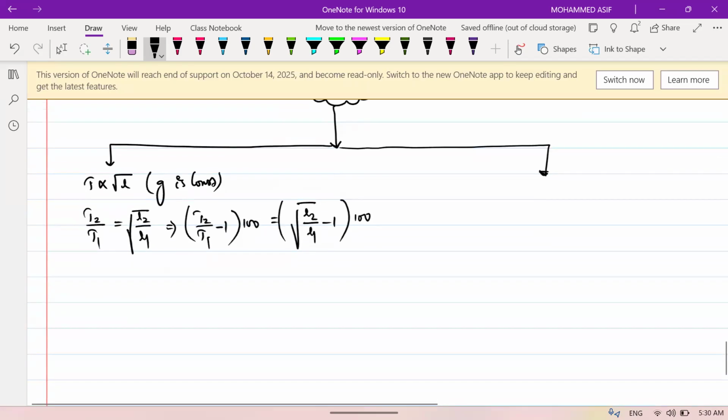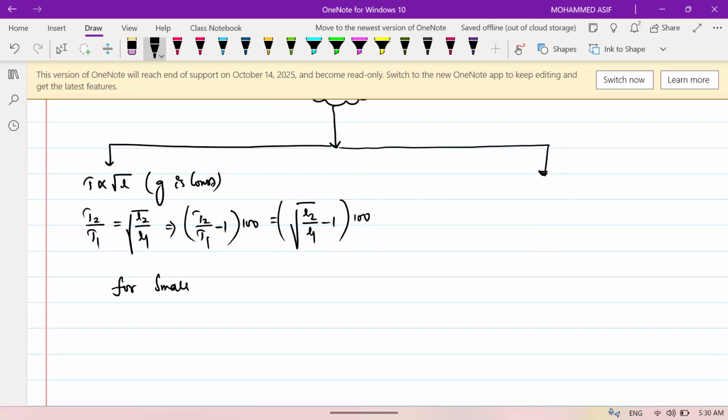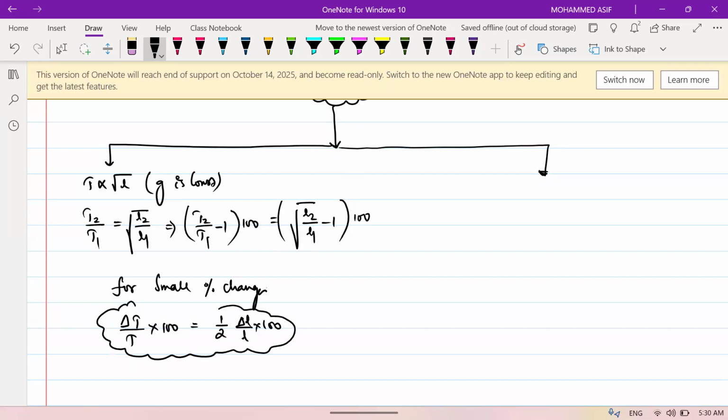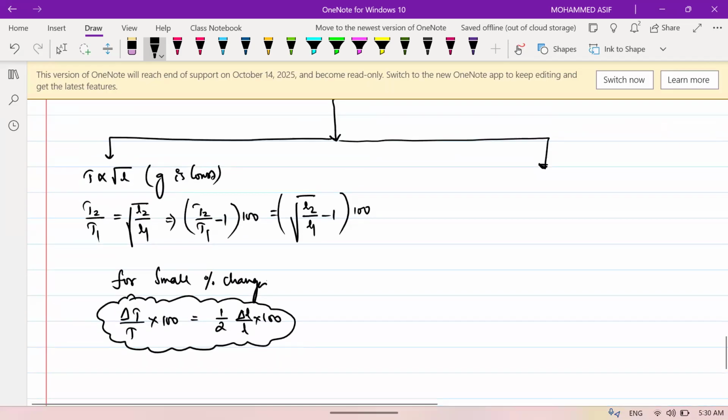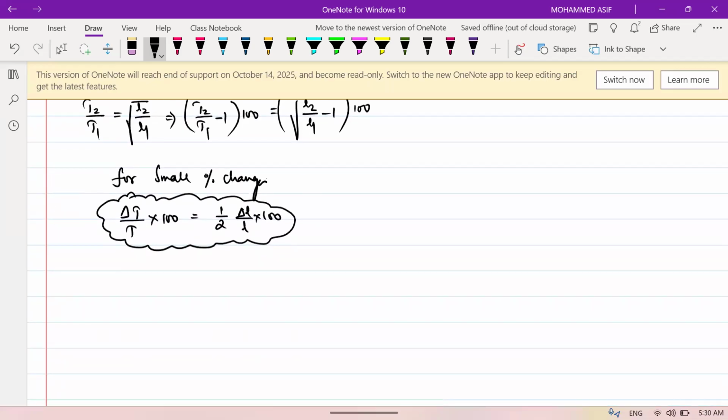Now see, for small percentage changes, we can use the error approximation. Delta T divided by T into 100 will be equal to half into delta L divided by L into 100. This is when the percentage changes are less than 10%, like 2%, 3%, 4%. If it is greater than that, then you can directly use the standard formula T2 divided by T1.